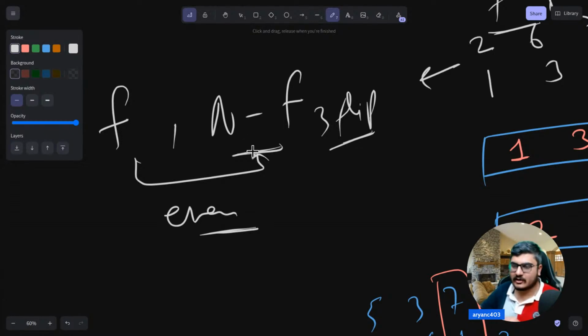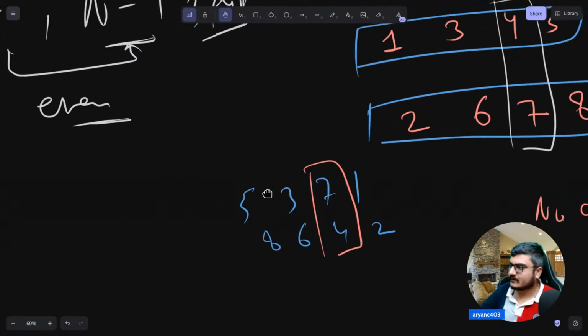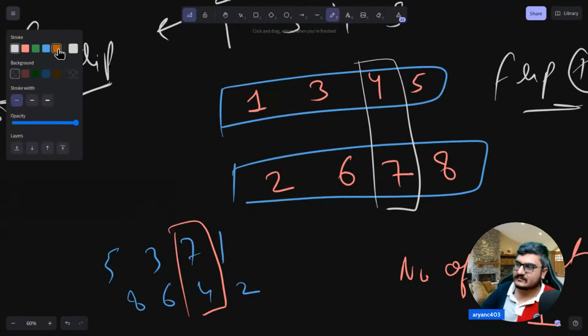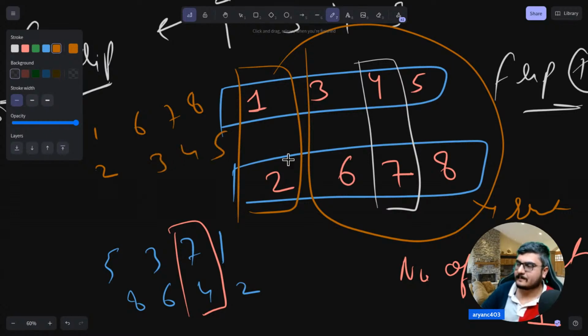If both of them are odd, then the idea was to check if you can make some prefix like this and revert this part completely. So can you make this sorted like 1 2 6 7 8 3 4 5?